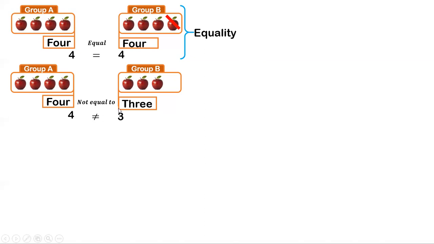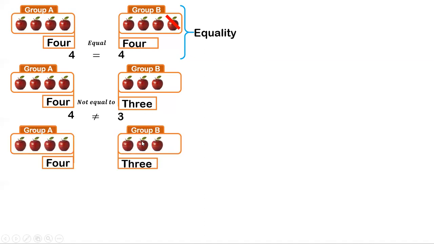Okay, now we can see that the number of apples in group A is not equal to the number of apples in group B. So in short, we can say that the number of apples in group A is bigger than the number of apples in group B, because you can see that in group A we have got 4 apples, and in group B we have got 3 apples.